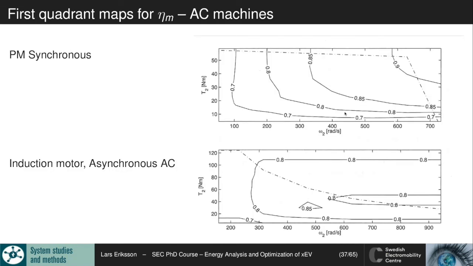We have also here in the first quadrant maps for AC machines. We have a permanent magnet synchronous machine where we have imposed the torque limitation, and here we have an asynchronous AC machine where the maximum torque limitation is imposed, and we see the efficiencies of them at different regions.